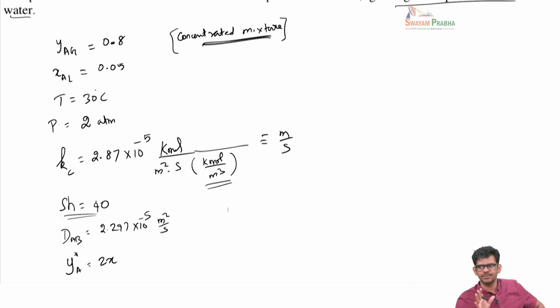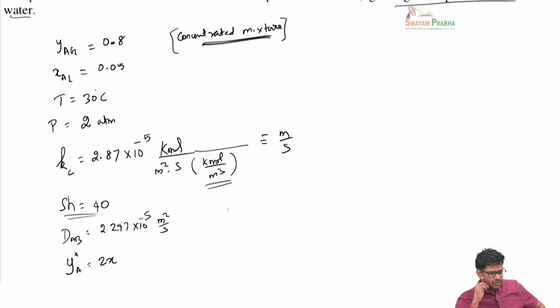All the relationships we have given in the class. So essentially you will have access to the local coefficients in terms of mole fraction units. If you know that, you know the bulk concentrations also. So then you should be able to calculate the interfacial concentrations. And if you know the interfacial concentrations, then you can calculate the flux. So that's the roadmap, that's a plan.